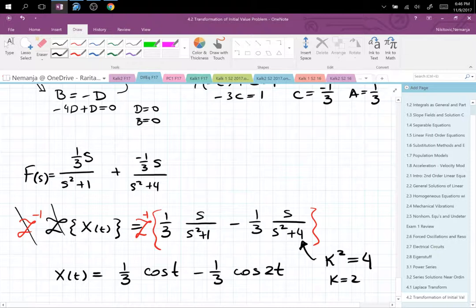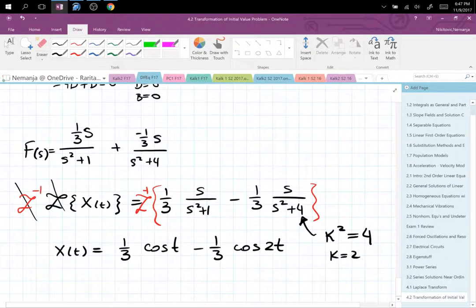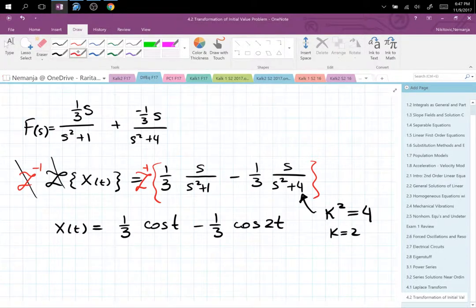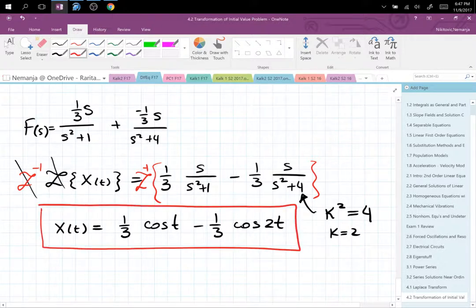What about negative 2? What kind of function is cosine? What if it was sine? K is always positive because remember where it comes from.